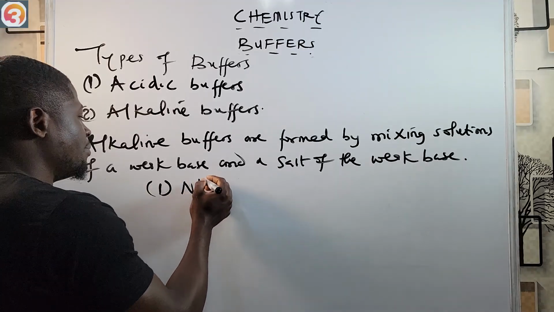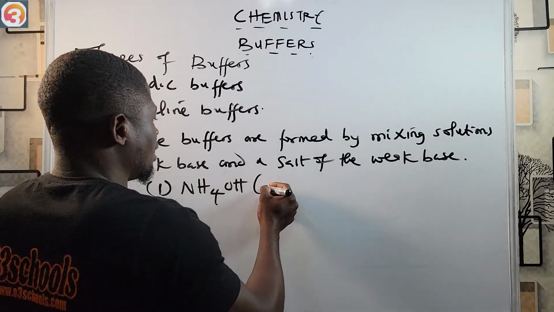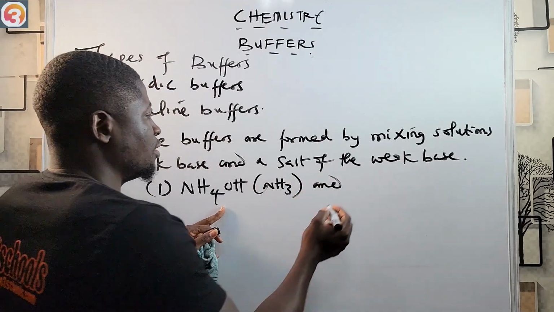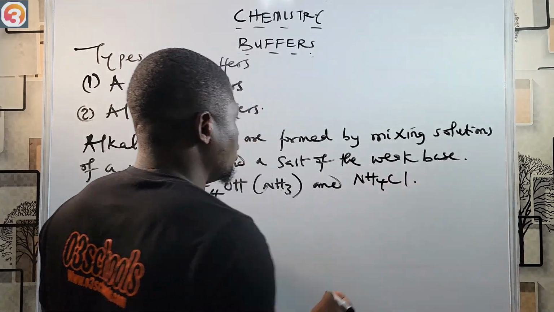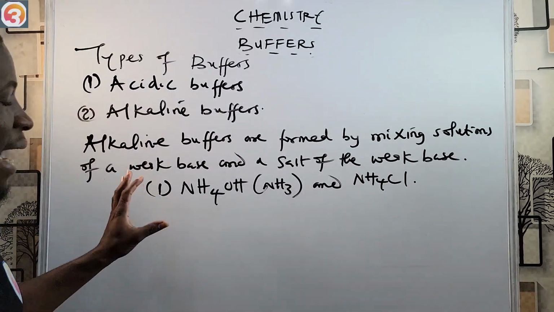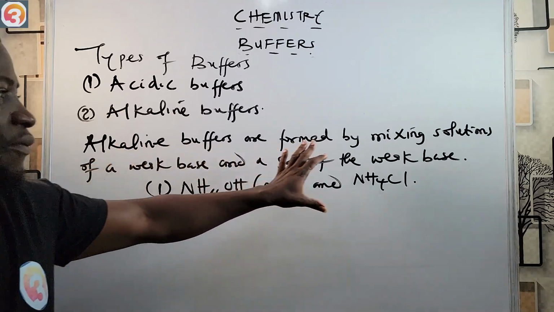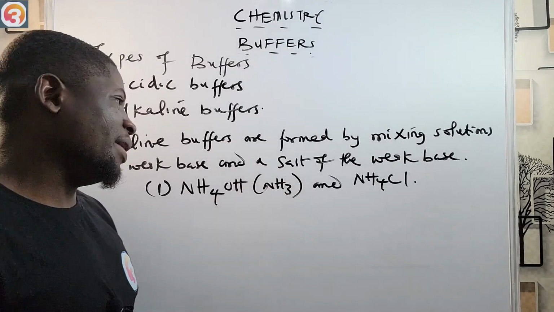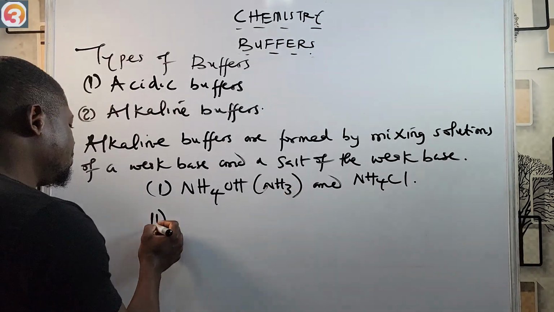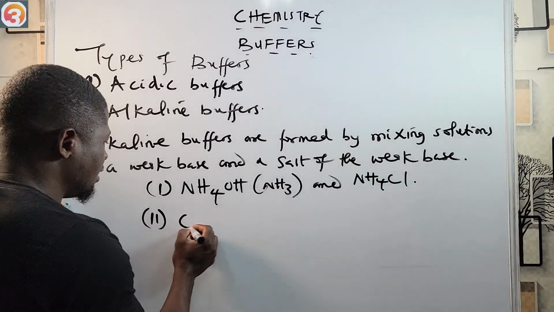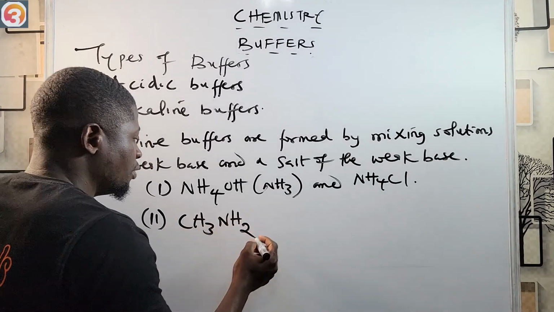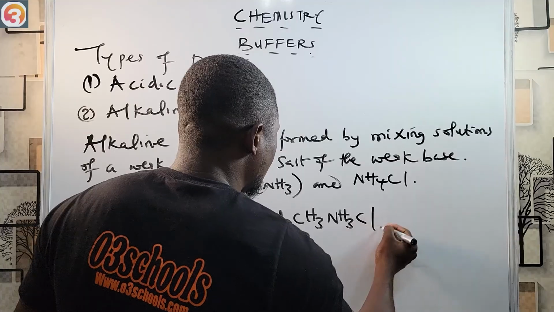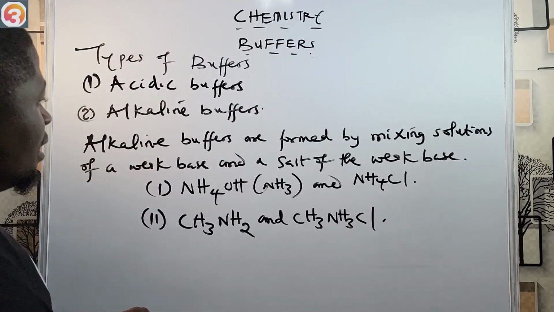An example is mixing ammonium hydroxide, or you can use NH3, and a salt of this weak base, which is, for example, ammonium chloride. So this is how alkaline buffers are formed, by mixing solutions of a weak base and a salt of the weak base. Another example, of course, is CH3NH2 and CH3NH3Cl.